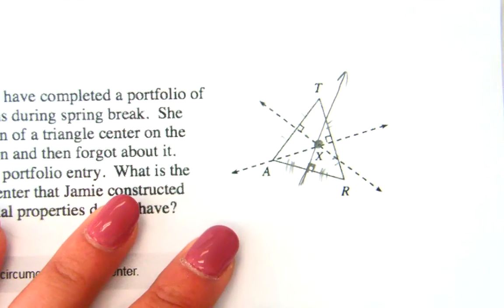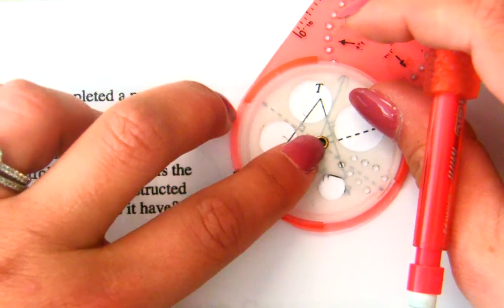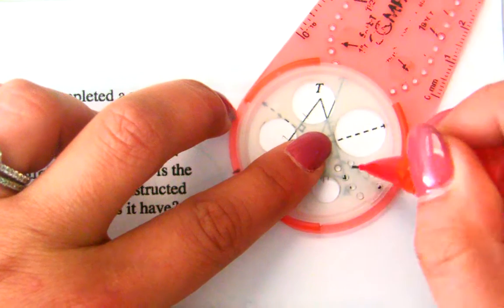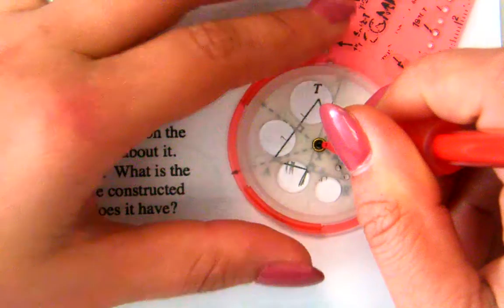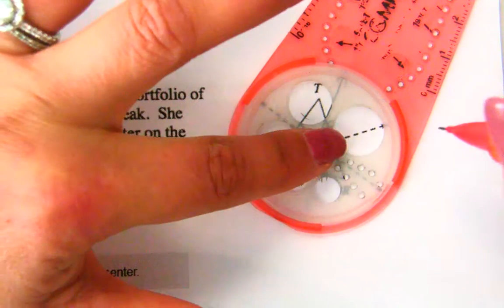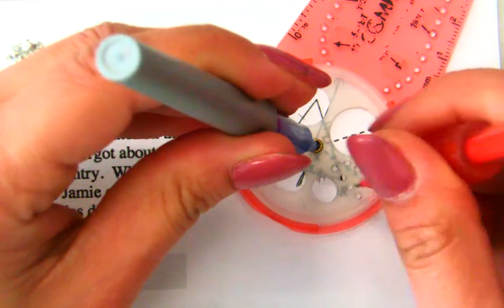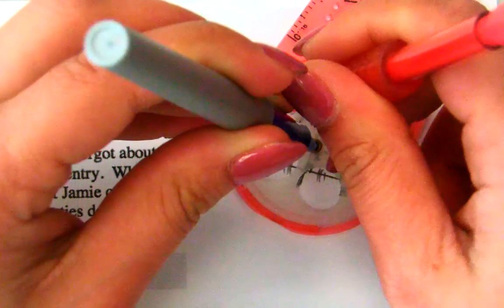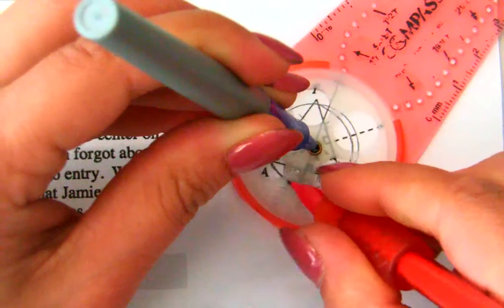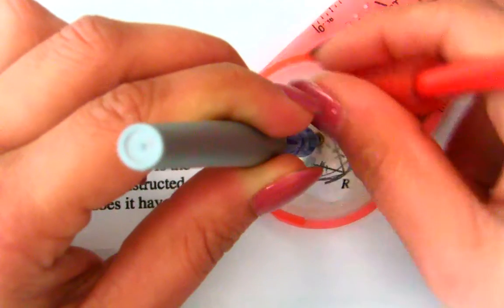Now, here's what she was trying to do. So once you have that point, and I'm going to use the compass really quickly, once you have that point, and you put this down, technically, if I'm doing this correctly, you're supposed to figure out, if you draw a circle, I don't think this is going to come out because I don't think this drawing is to scale, but we'll see. You're supposed to be able to create a circle where it actually touches all the corners of this triangle.